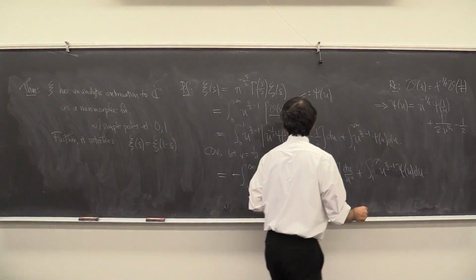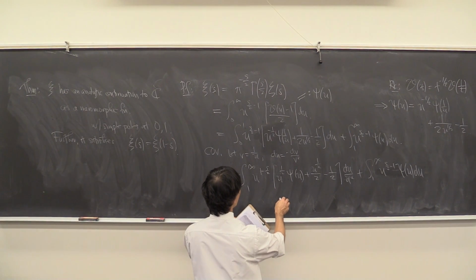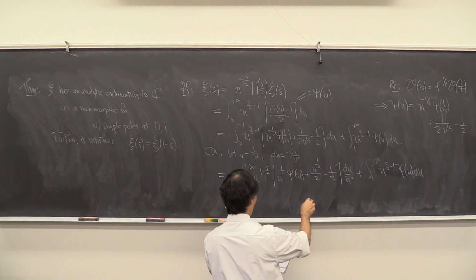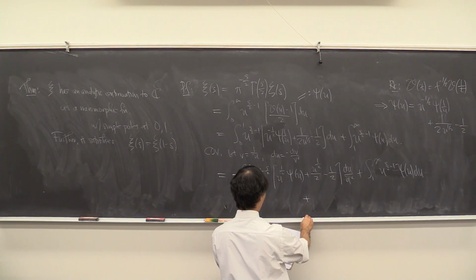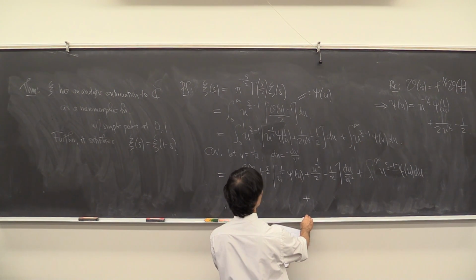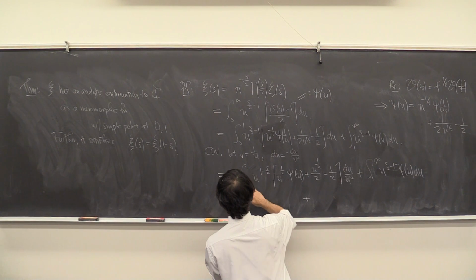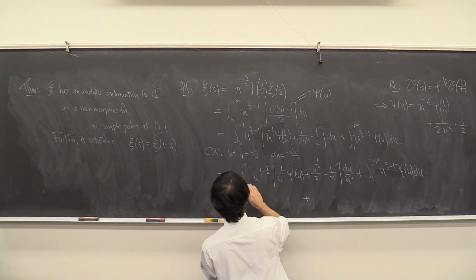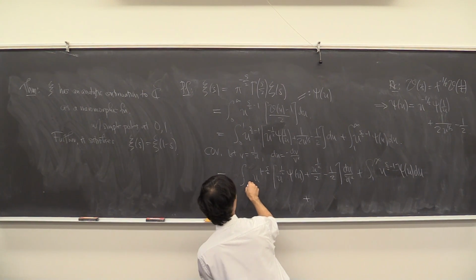So we'll have two expressions, one of which will be... oh, I'm sorry. This was from infinity to 1, and then when you reverse it, you get rid of the minus sign.